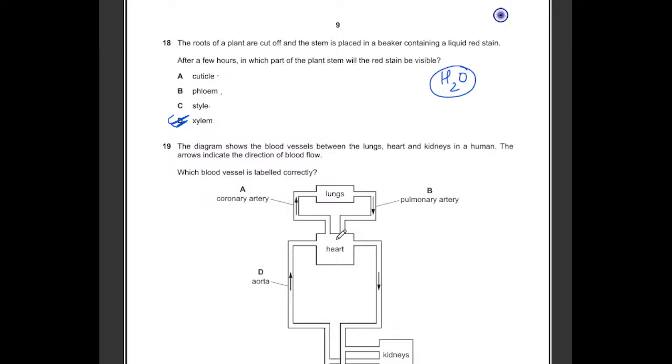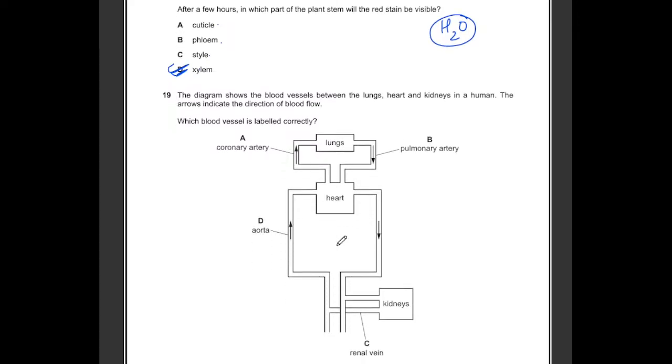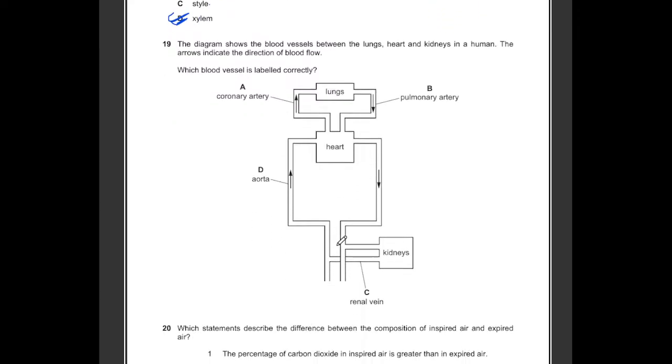Okay, next one. The diagram shows the blood vessels between the lung, heart, and kidney in the human. The arrow indicates the direction of flow. Which blood vessel is labeled correctly here? A, coronary artery? No. Is it pulmonary artery, from the heart to the lung, from the lungs to the heart?